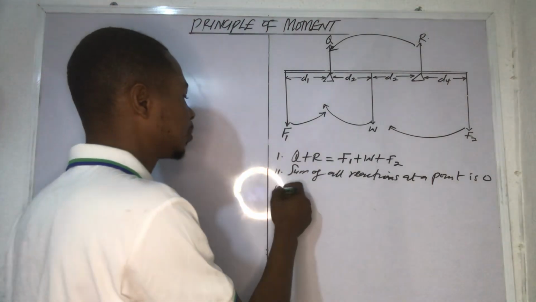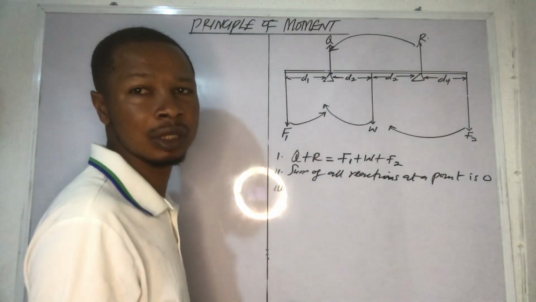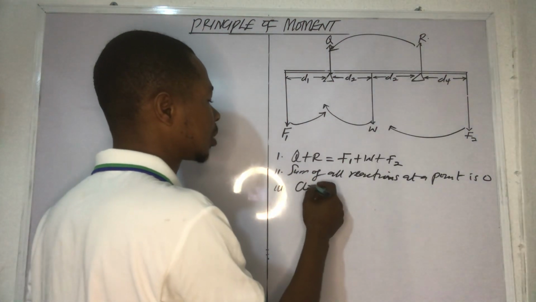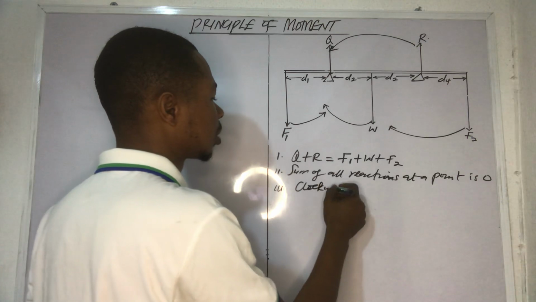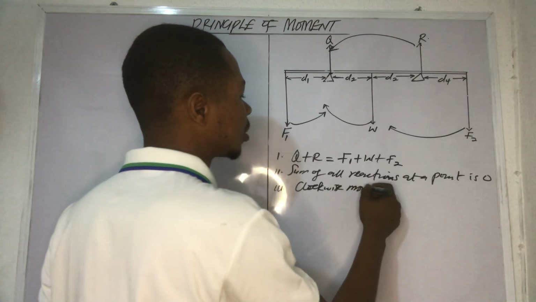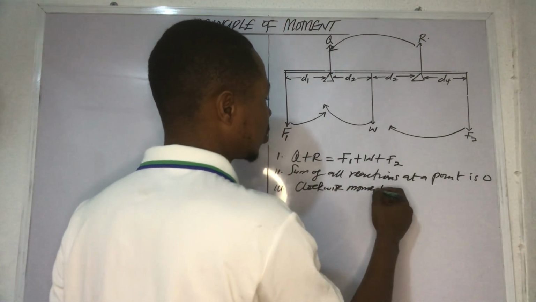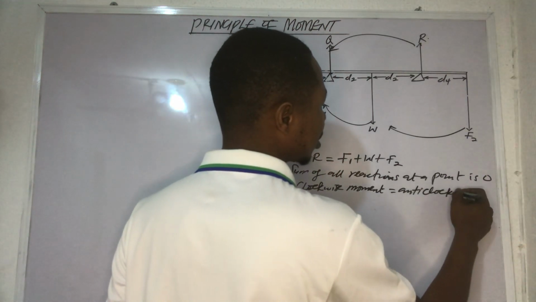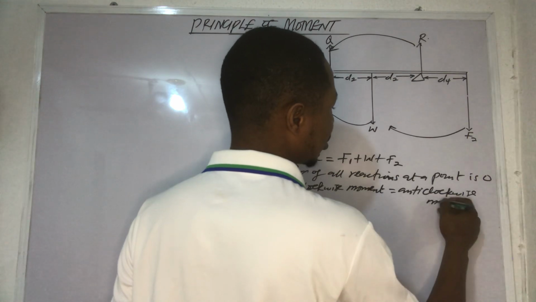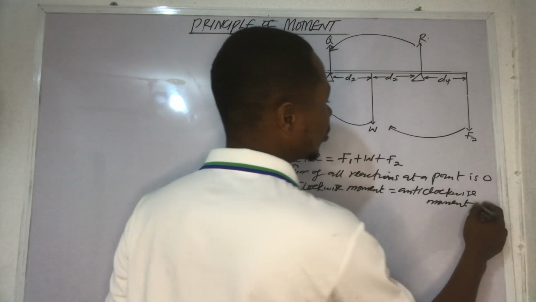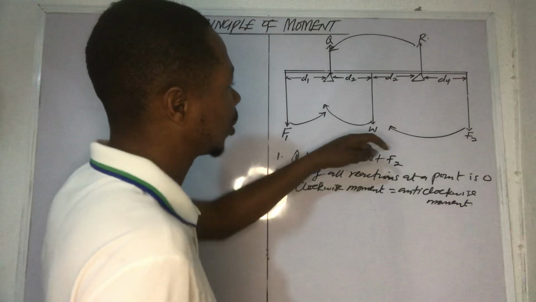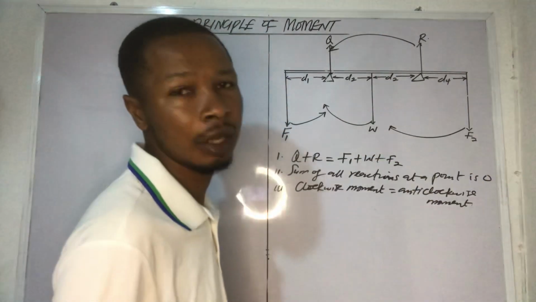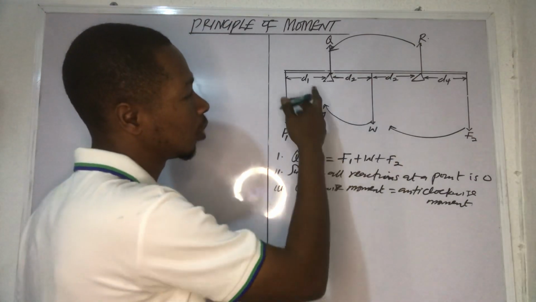So the third principle says that clockwise moment is equal to anti-clockwise moment. Now, if you look at our clockwise moments, these two forces, W and F2, are moving clockwise.